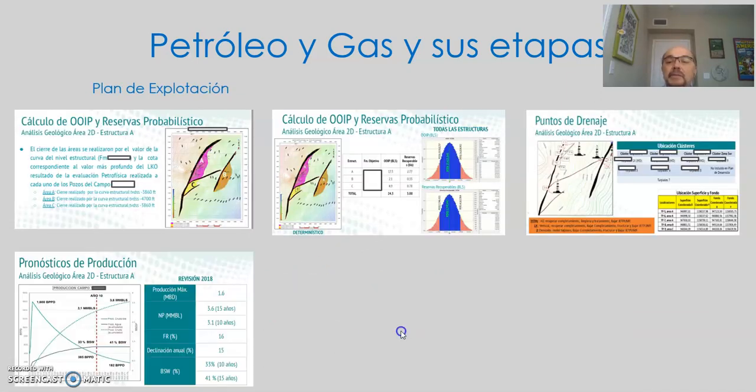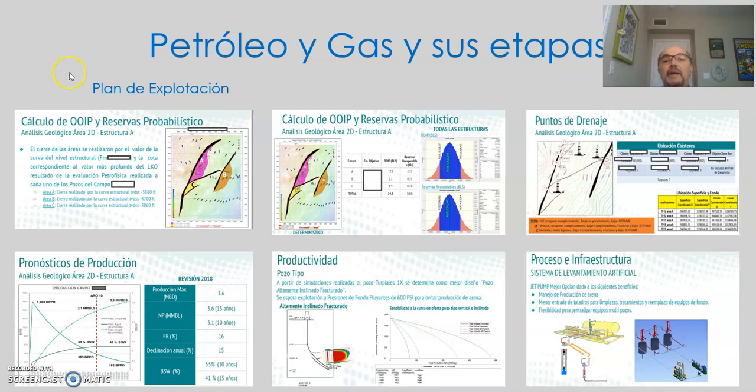And this is an example of an exploitation plan where we went through all the stages, but because of time we didn't do the simulations of the reservoir to see if by injecting water we could maintain the pressure and improve the recovery factor. But the first stage is to calculate the oil in place that we just saw.